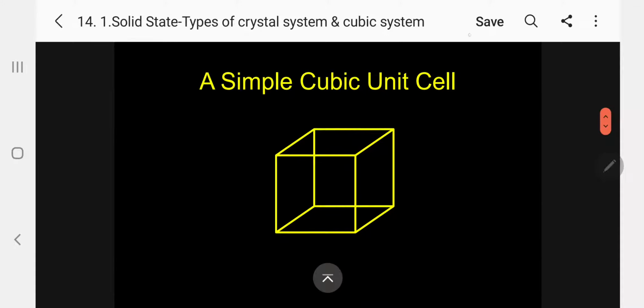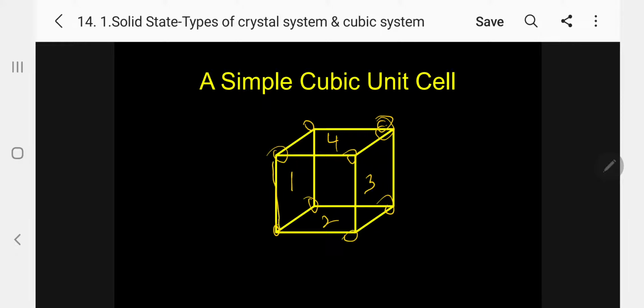Okay, let me come to a simple cubic unit cell. This is the simple cubic unit cell. So 8 corners are there. Kindly follow. And 6 faces are there. This is 1 face, 2, 3, and 4.